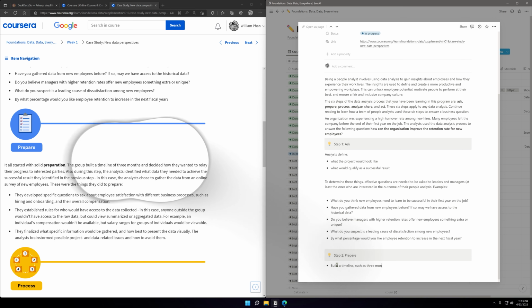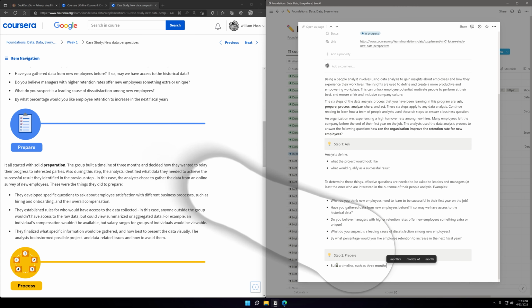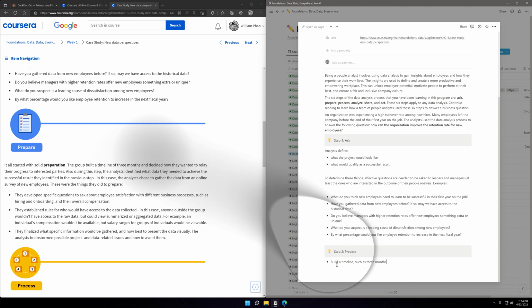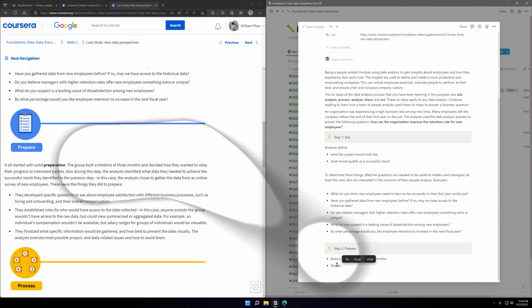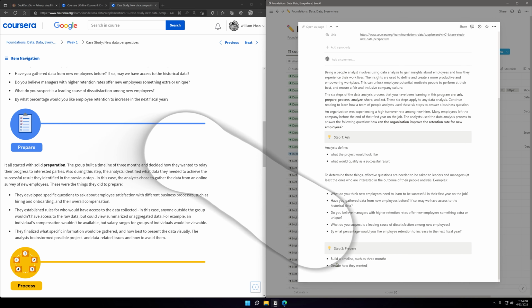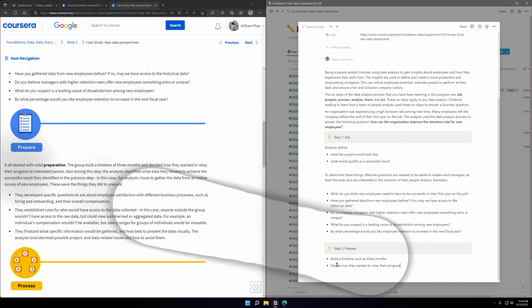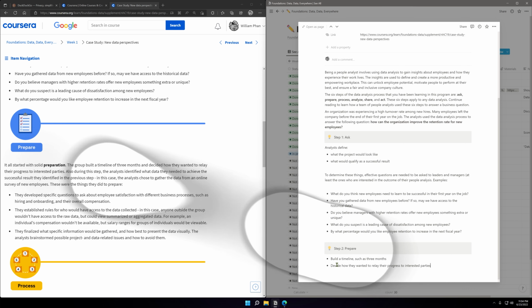Such as 3 months. How they wanted to relay their progress to interested parties.